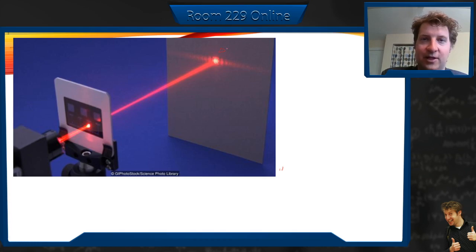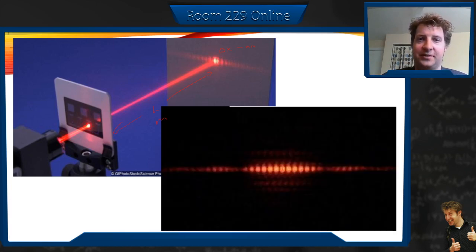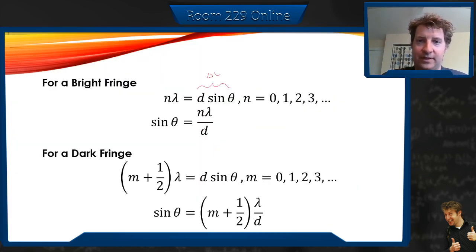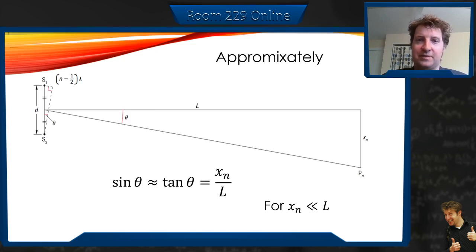So this, let's call it delta x, is on the order of millimeters, and this length from here to here is on the order of meters, right? So it's a 10 to the 3 difference between the length and x. So that means the angles we're talking about are very, very small angles.